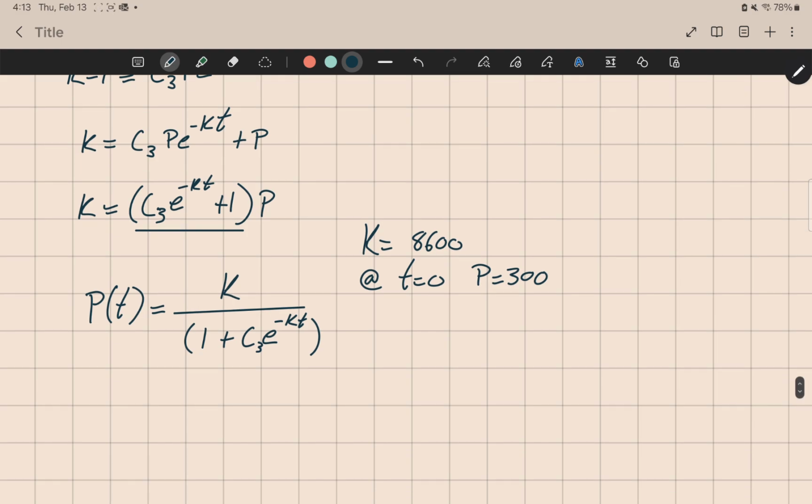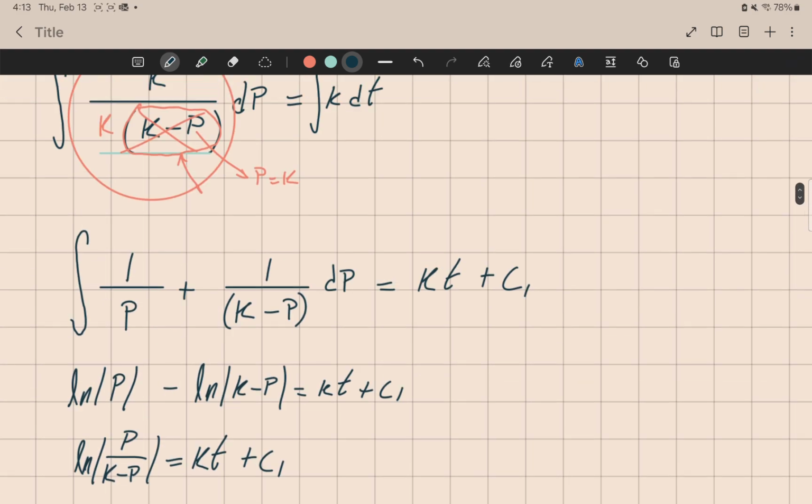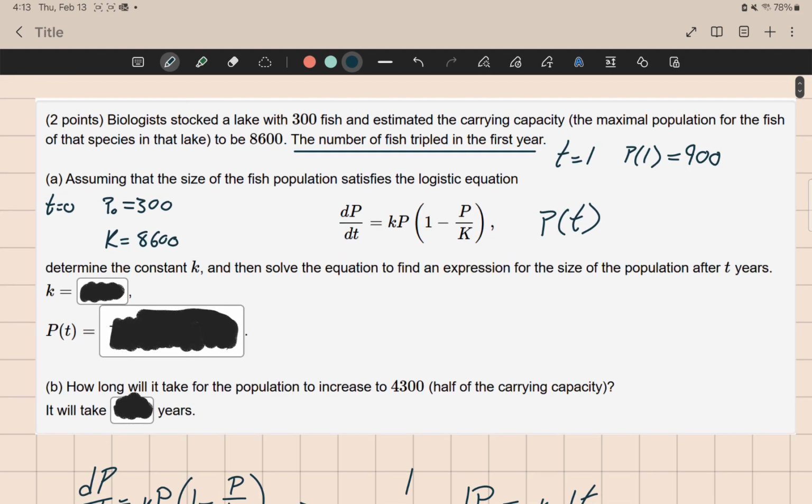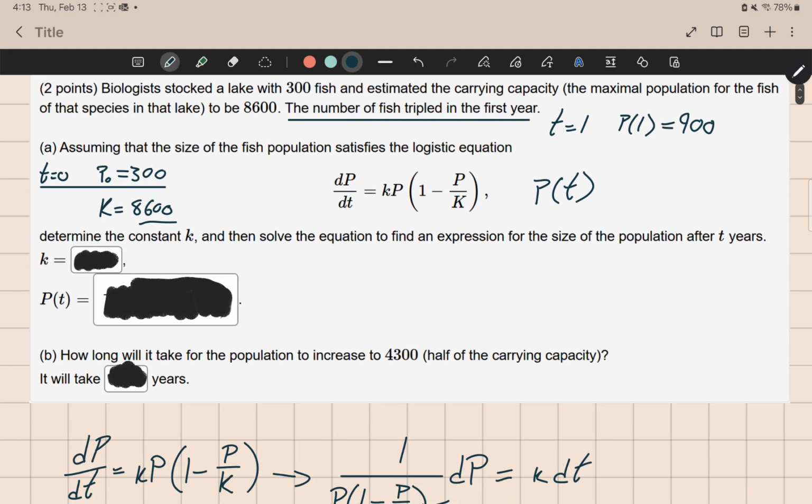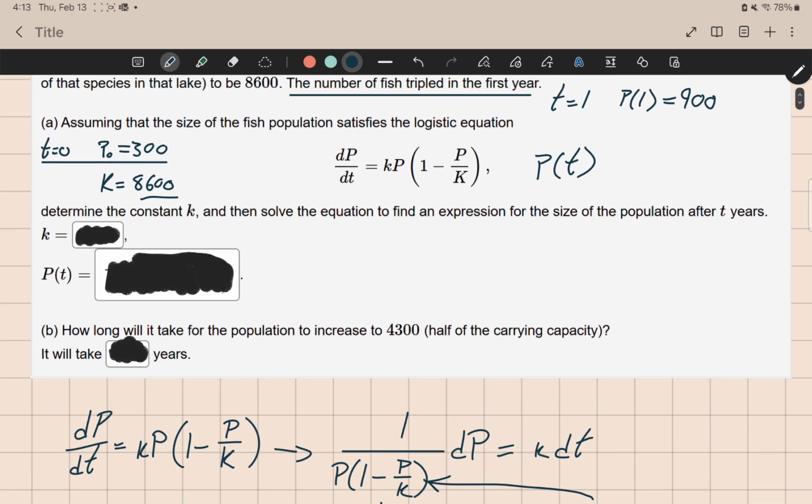So I'm going to go double check those numbers, make sure we're good. So yep, I got our k, 8600. Initial condition right here. Looks good. So first we're going to solve for c with that p naught initial condition.